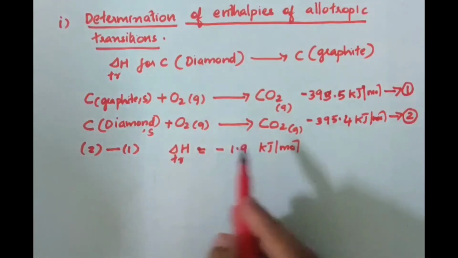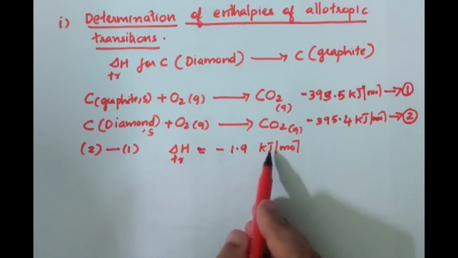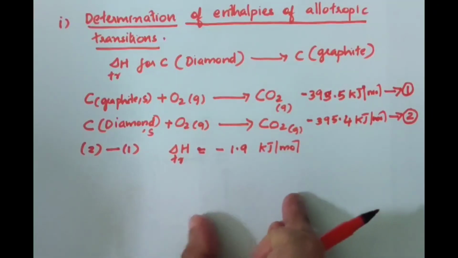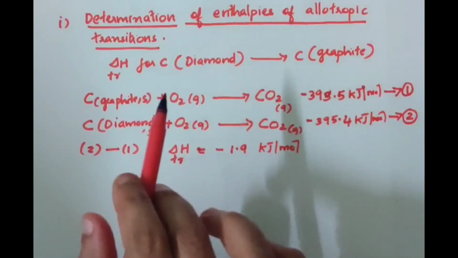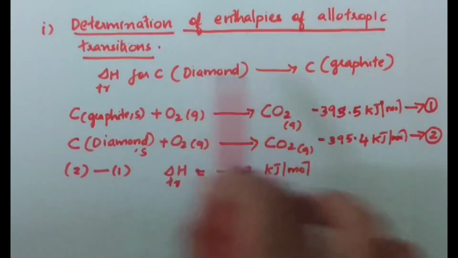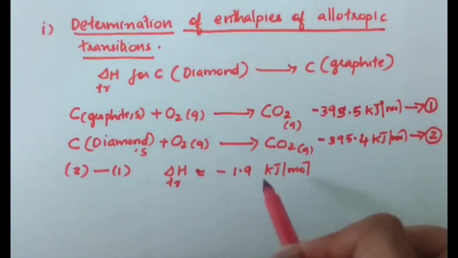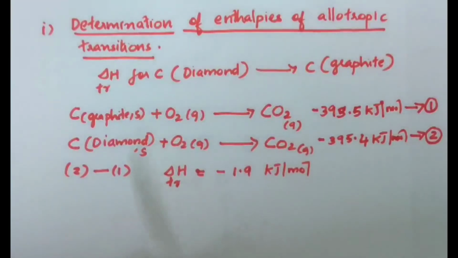So the delta H transition is equal to negative 1.9 kilojoule per mole, the enthalpy change for this allotropic transition, which is calculated by Hess's law.